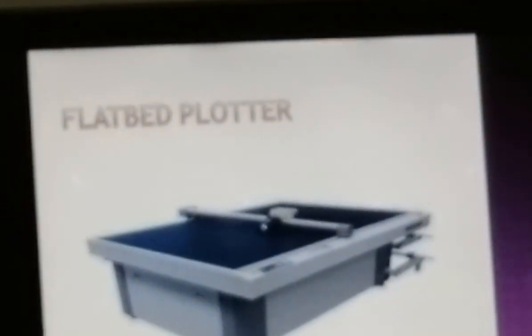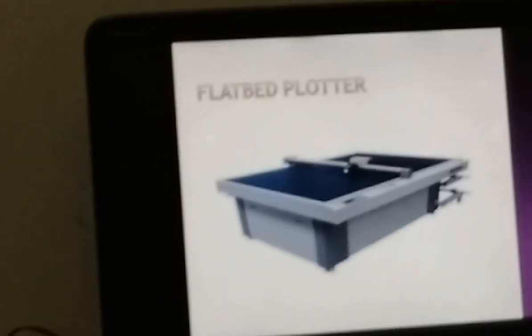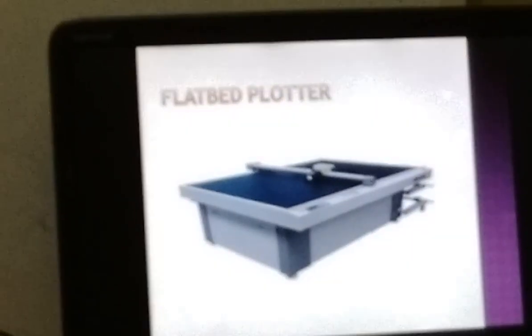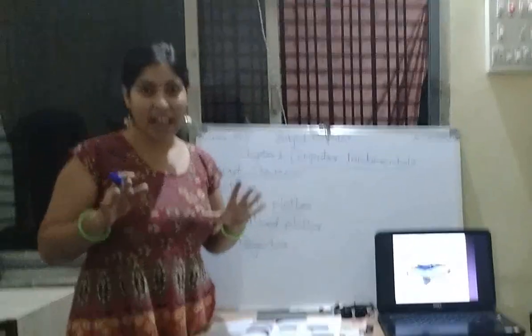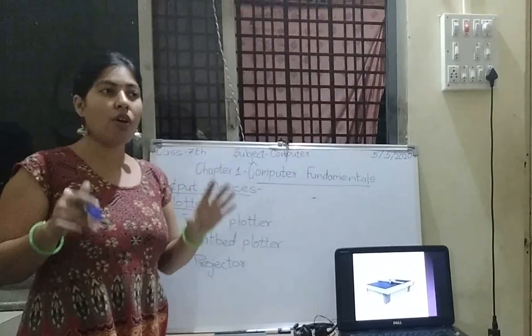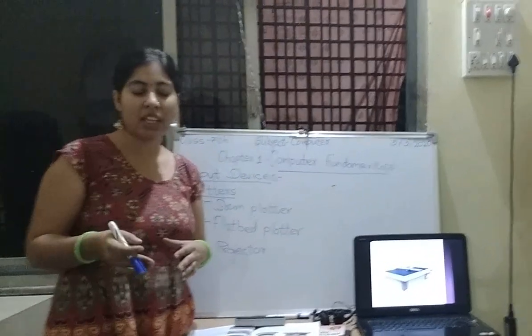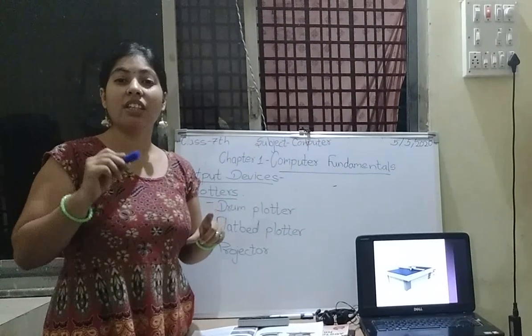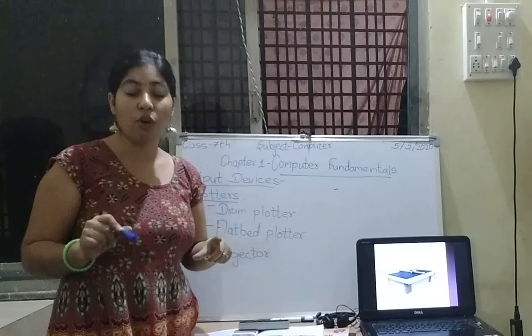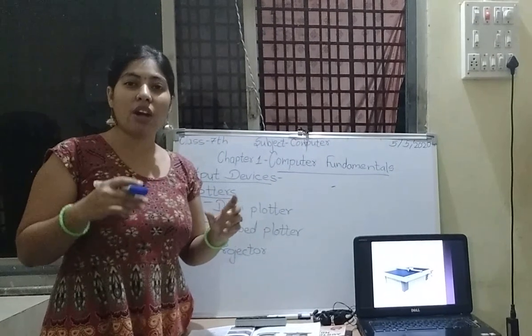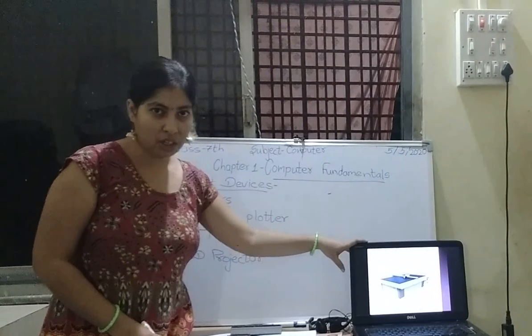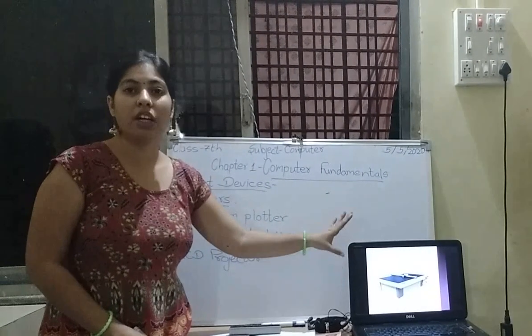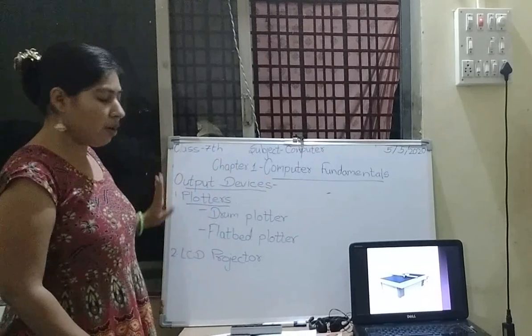Now, examples of this kind of plotter: these are used for designing aircraft, aeroplanes, rockets, satellites. You all know them. So for designing those kinds of things, for designing a 3D view of a building, these flatbed plotters are used. I hope you have understood both types of plotter.